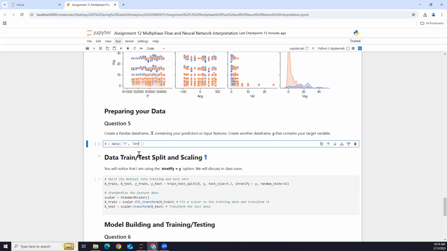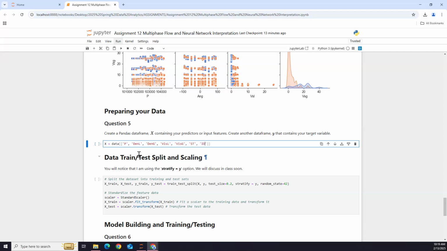So we have the density of liquid, and we have the density of gas. We have the viscosity of the liquid phase. We have the viscosity of the gas phase. Then we have the surface roughness.